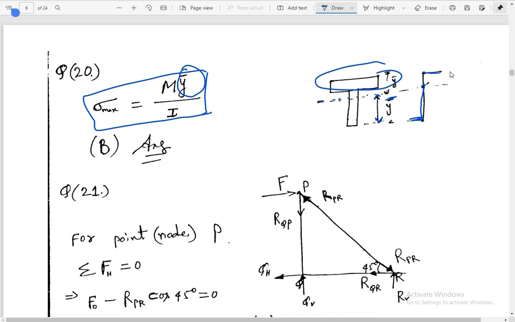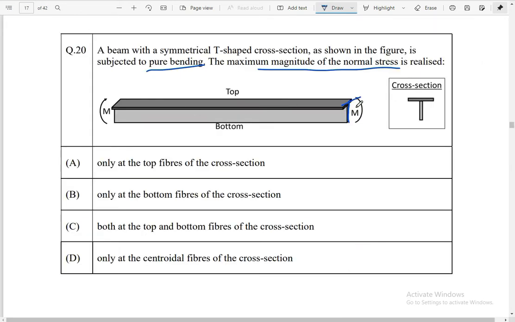Here is the y bar from here also, the upper side. So the upper side is this much only, and the lower side is the bigger one, right? So on the bottom side, y bar is maximum, so maximum bending stress will occur on the bottom side, only at the bottom fibers of the cross section.